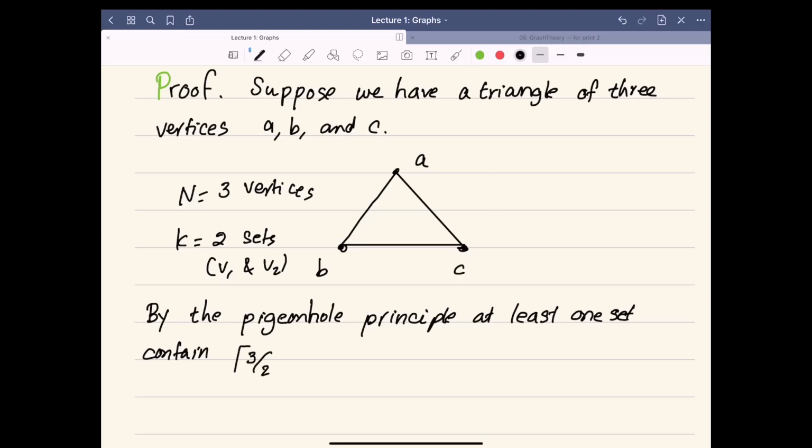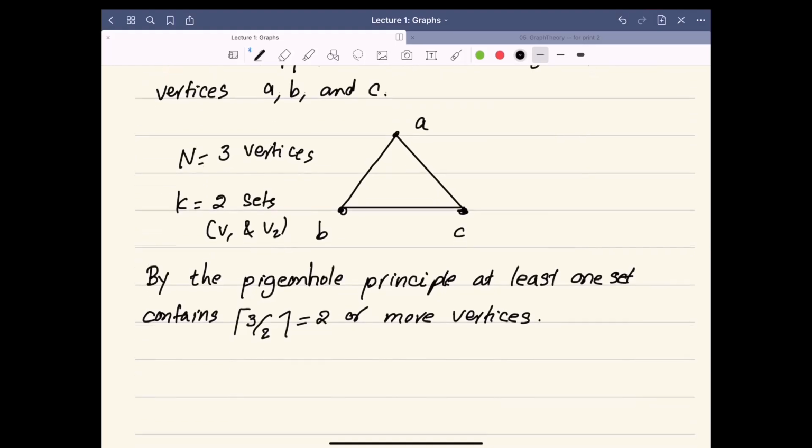So 3 over 2, rounded up, is equal to 2. So at least one set contains 2 or more vertices. So 2 or more, so minimum is 2.